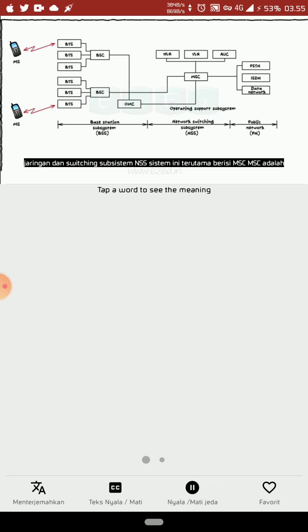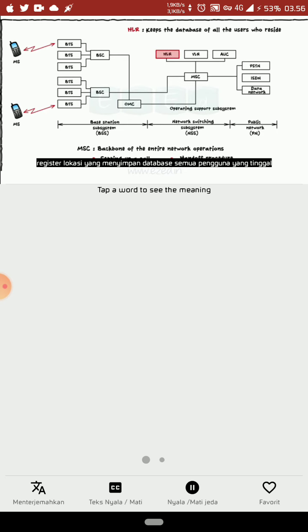Network and switching subsystem, NSS. This system mainly contains MSC. MSC is the backbone of the entire network. It controls all the operations from setting up a call till the handoff procedure. Other blocks of NSS are HLR, Home Location Register, which keeps the database of all the users who reside in the same geographical area.